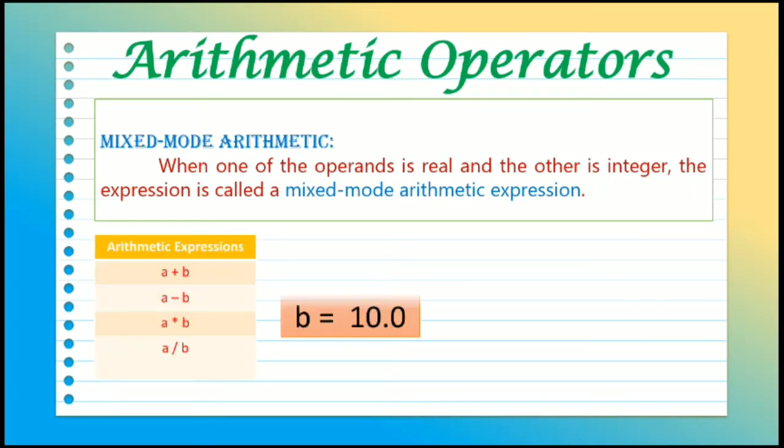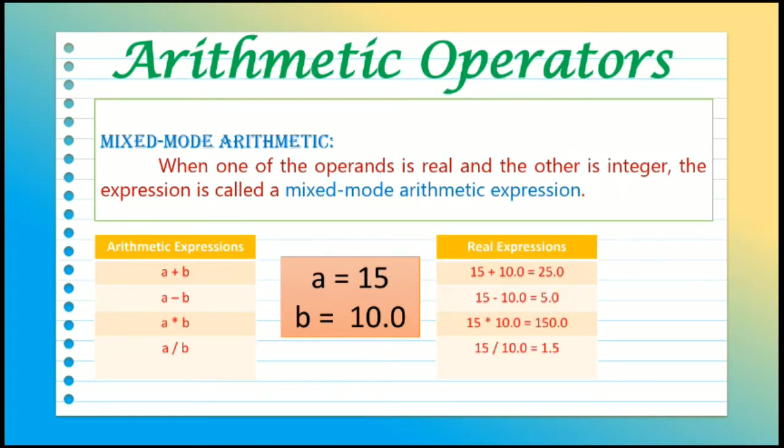For example, if A equal to 15 and B equal to 10.0, here A is an integer number and B is a real number. So A plus B, that is 15 plus 10.0, the answer will be 25.0.